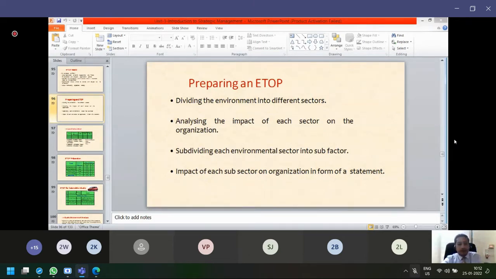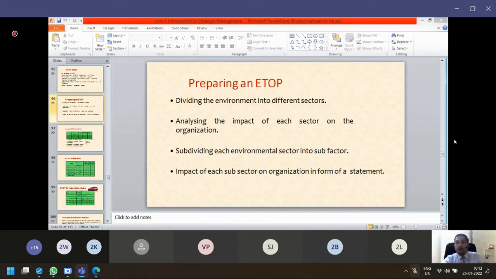And then impact of each subsector on our organization in the form of a statement. So then we'll prepare a statement regarding its impact on the company's operations. Take social factor as an example.